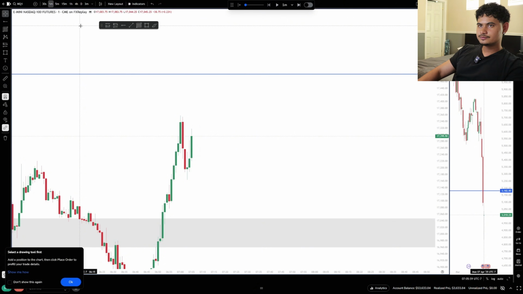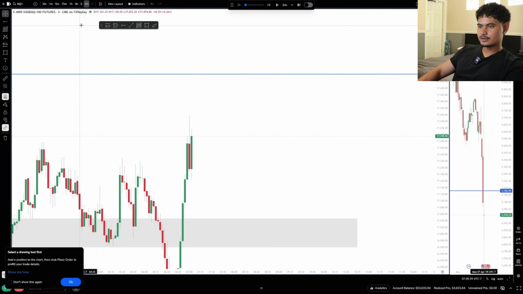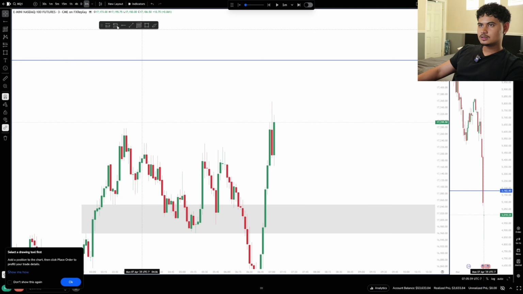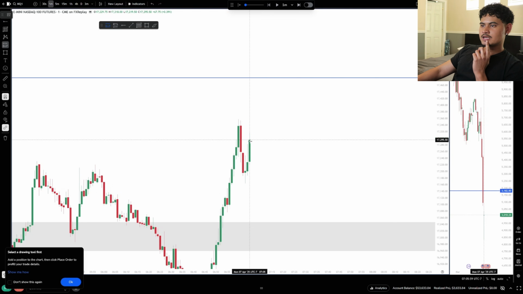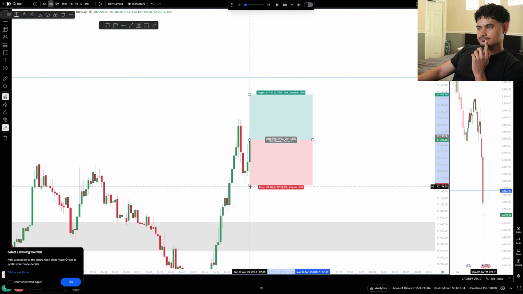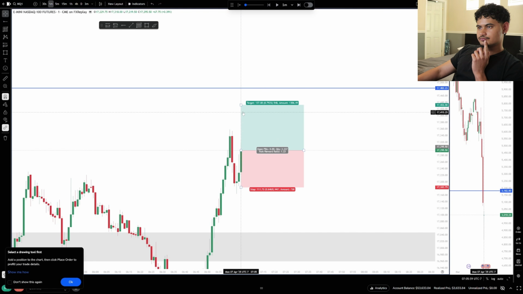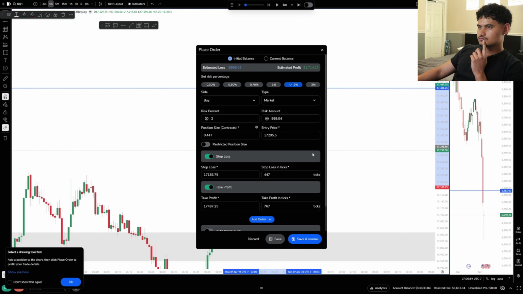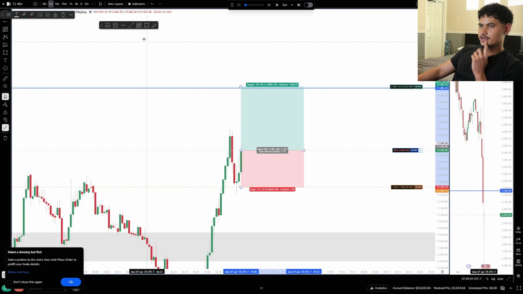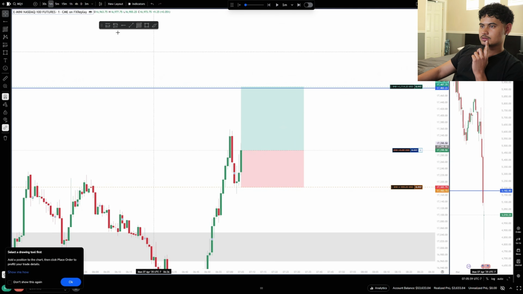Tapped into a 3-minute gap right here. So this looks nice. Nice draw. Targeting this right here. Break even point's going to be right here.